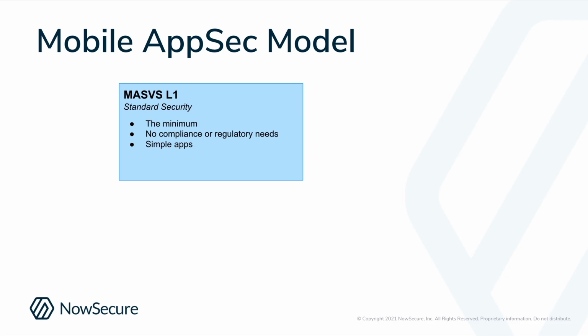Let's start off with L1. L1 is basically the standard security option, and it's going to be examples of apps that really don't do much, apps that don't have any complex compliance requirements, and don't do anything too complex in general. An example might be a newsfeed app, or an app that doesn't have any authentication that shows you the weather, or an application that really just doesn't do much, like conference apps would be another example.